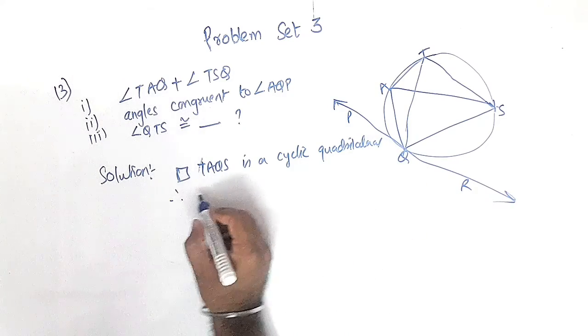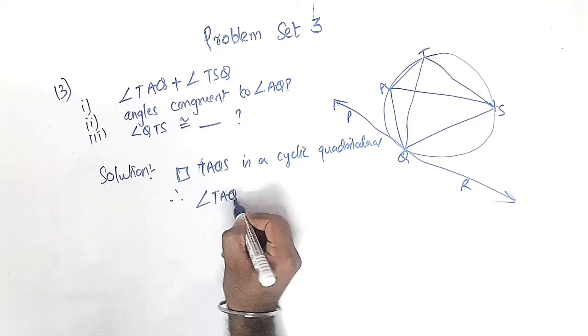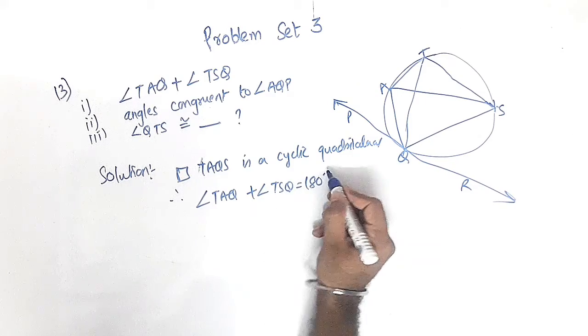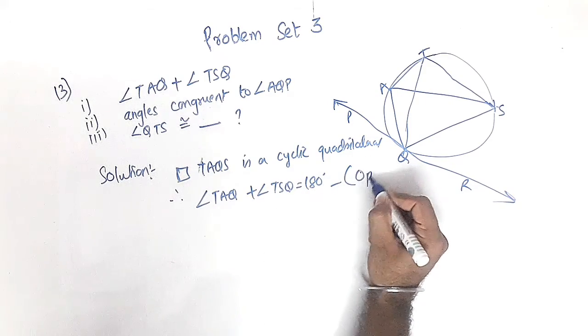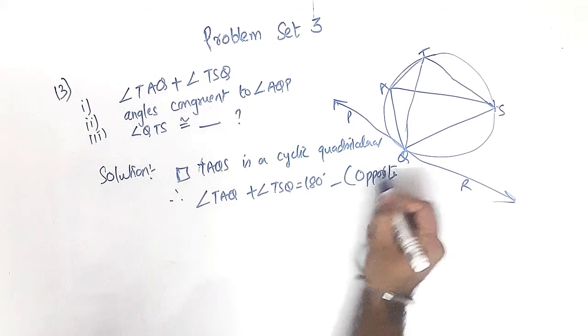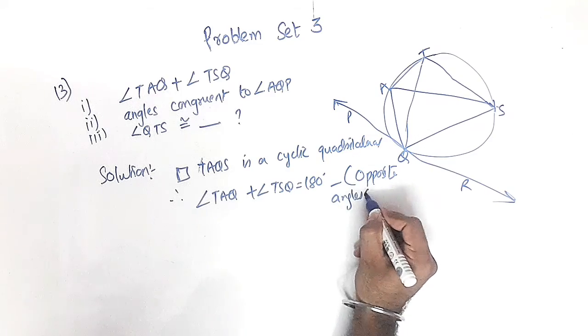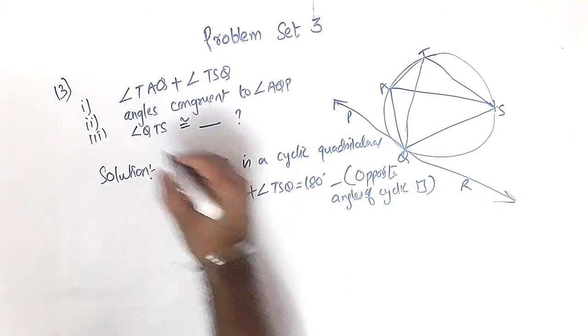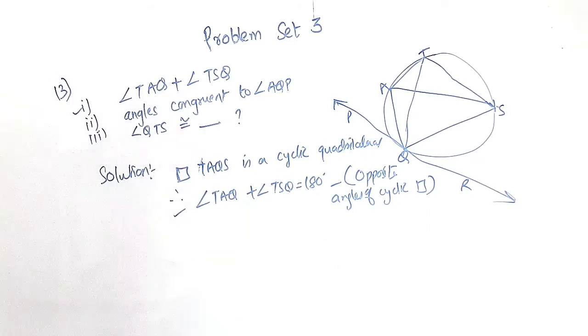Therefore angle TAQ plus angle TSQ equals 180 degree. What is the reason? Opposite angles of cyclic quadrilateral. With this you have done the first one.